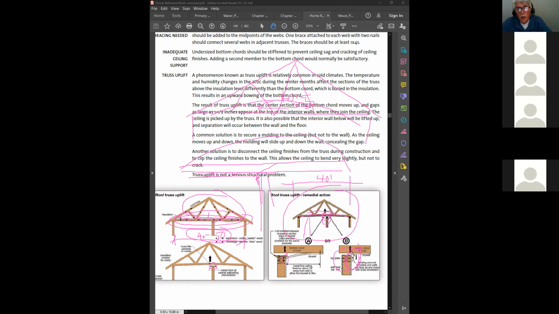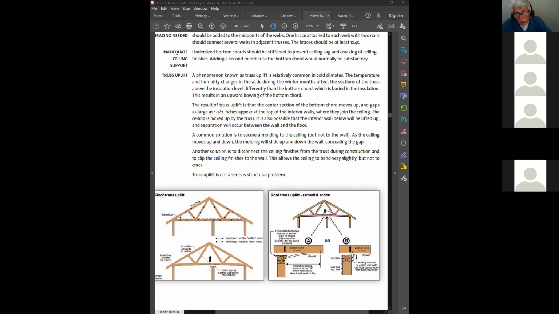So that's one situation. I've seen other situations where people don't allow for the shrinkage of the wood, and that's another moisture change. And the biggest culprit when it comes to shrinkage, believe it or not, are these plates. These plates contribute the most to the shrinkage of the wood.